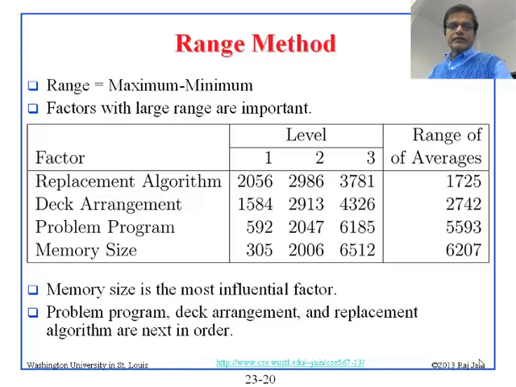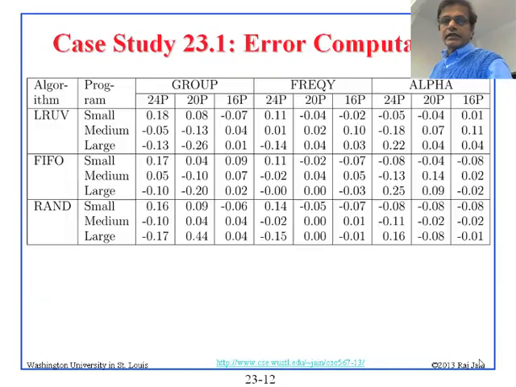Replacement algorithm, maximum minus minimum is 2056 for level 1. For level 2, 2986. For level 3, 3781. Let's go back and check. It doesn't come out with the number that I am thinking about.